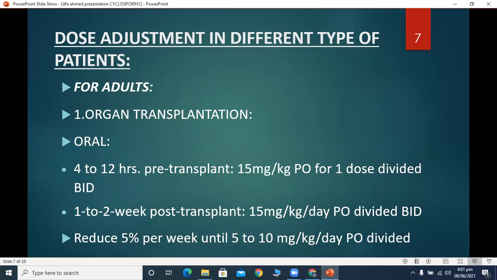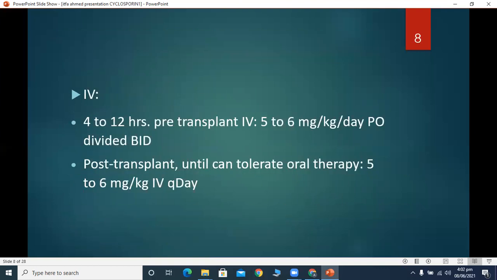In oral, 4 to 12 hours pre-transplant, 50 milligram per kg by oral for 1 dose divided twice in a day. 1 to 2 weeks post-transplant, 15 milligram per kg per day by oral divided twice in a day. We should reduce the dose by 5% per week until 5 to 10 milligram per day by oral divided.